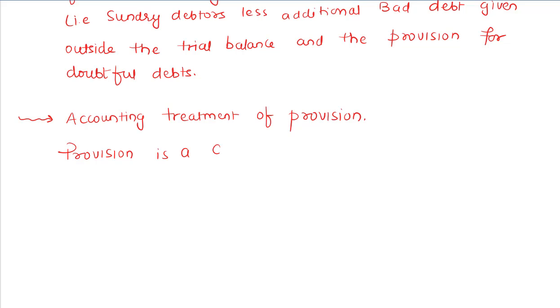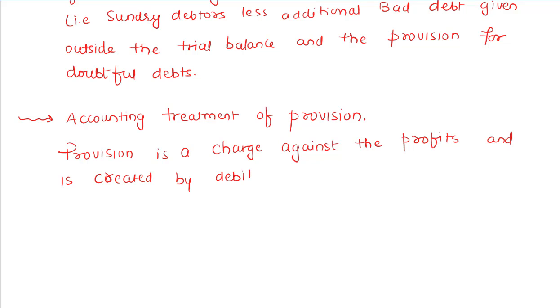Provision is a charge against the profits and is created by debiting the profit and loss account.